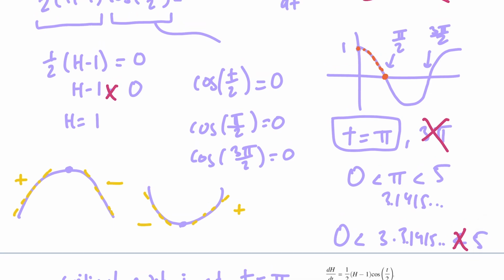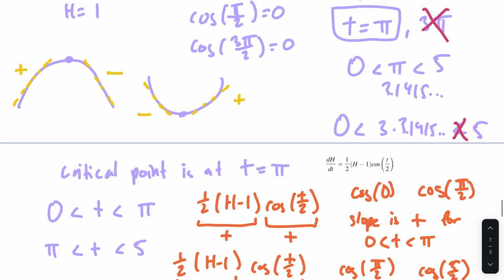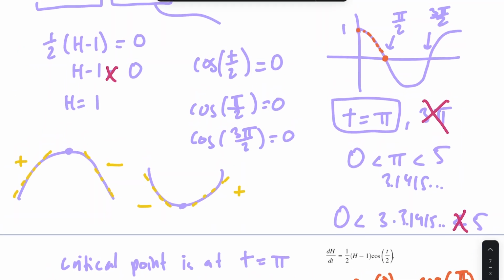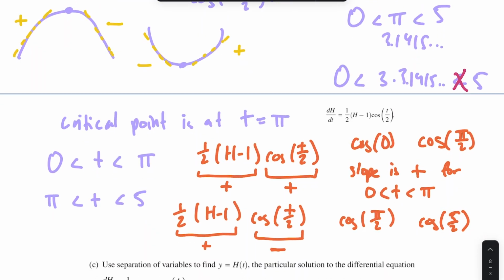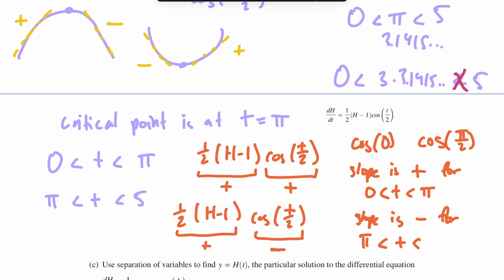Cosine of pi over 2 is here; 5 over 2, I'm not actually sure where that is here, but we know that 3 pi over 2 is going to be greater than 5 over 2, so we know that each of these values are negative here, so this sign is going to be negative. So we know that the slope is negative for t between pi and 5.